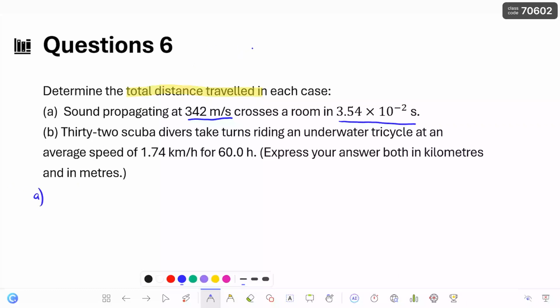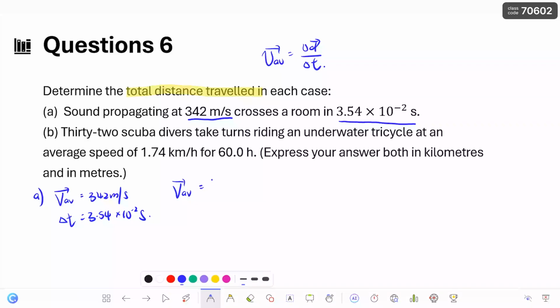And we know that the formula to find the speed is VAV is equal to delta D over delta T. So we have the speed, which is VAV is equal to 342 meter per second, and we have the information for delta T, which is 3.54 times 10 power negative 2 seconds. By applying the formula, then we are able to know what are the total distance traveled.